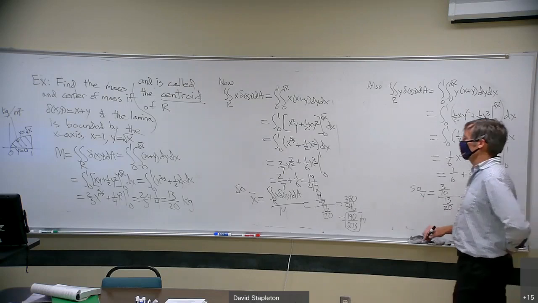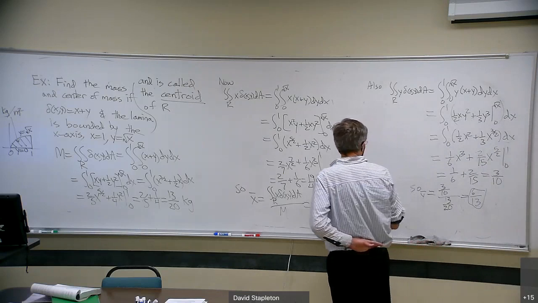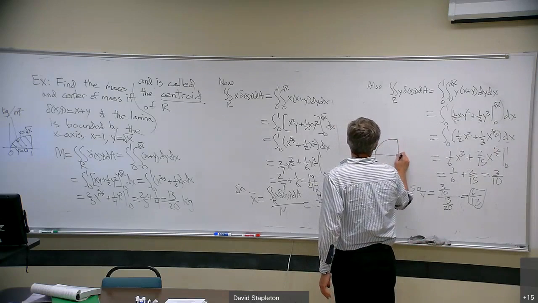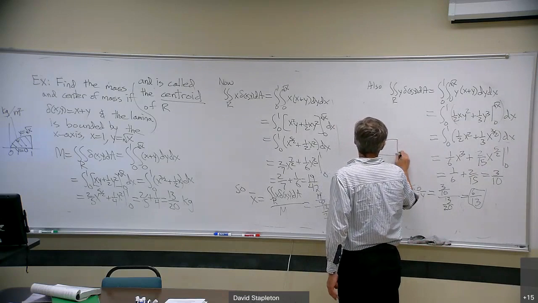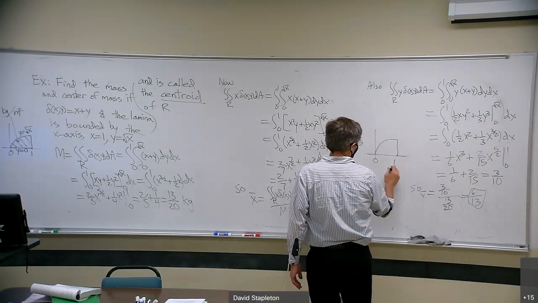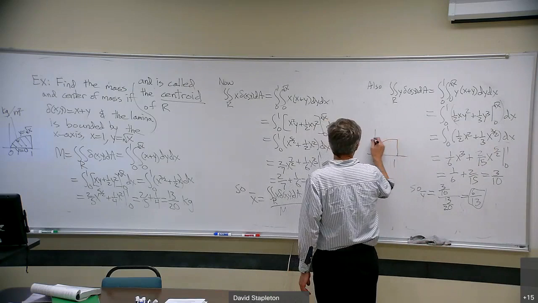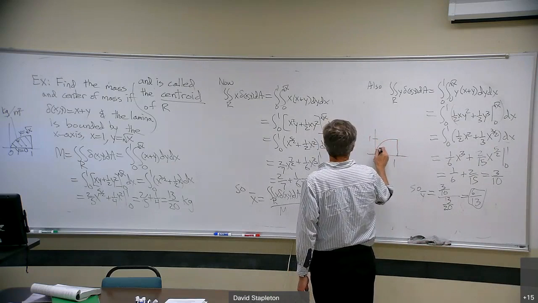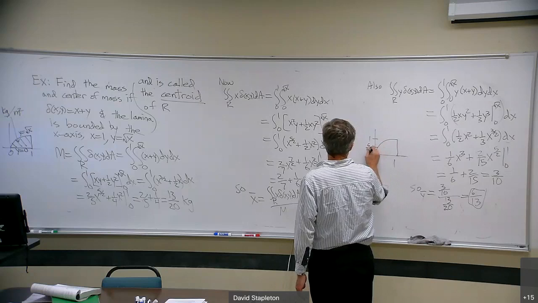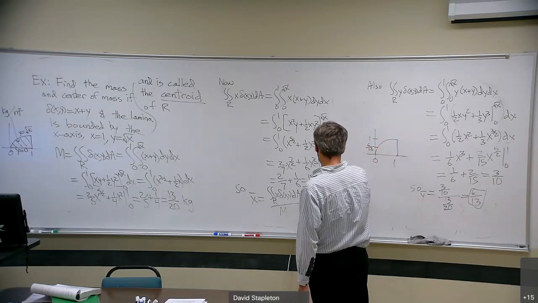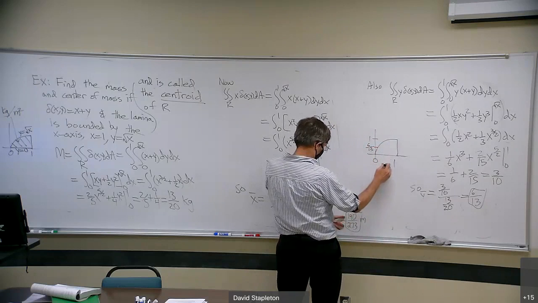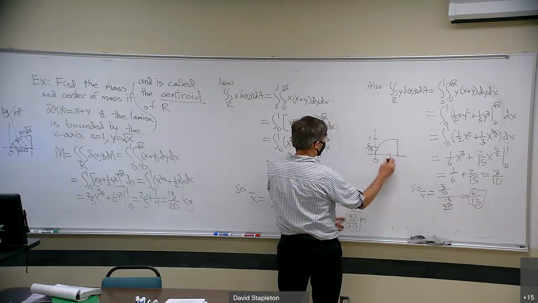Now what you have is this region here, and the significance of this: here at 6/13, a little less than halfway up, and here at 190 over 273. I'm still a little worried about that one.